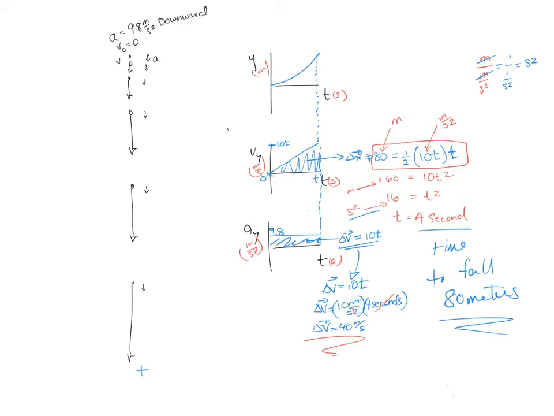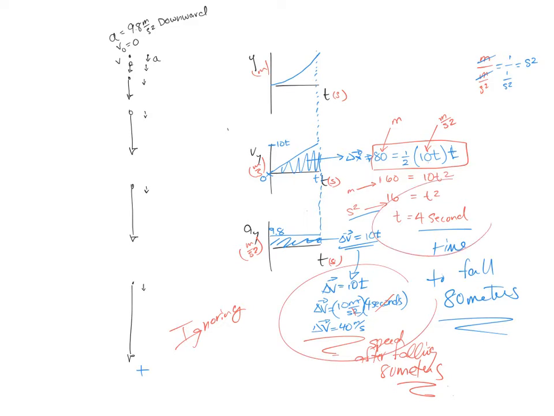So it looks like I found the speed after falling 80 meters. And as long as we ignore air, which I'm doing here, it wouldn't even matter what object we dropped. If it fell 80 meters, this is how fast it's going. And that's the time it takes. Okay. All right? Ignoring air.